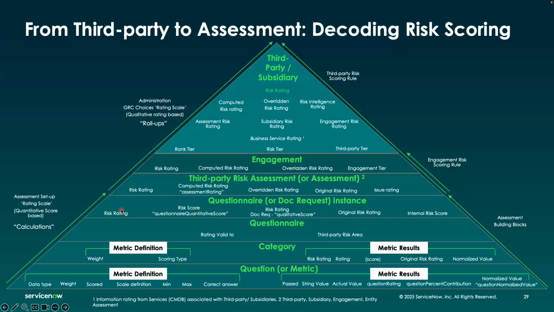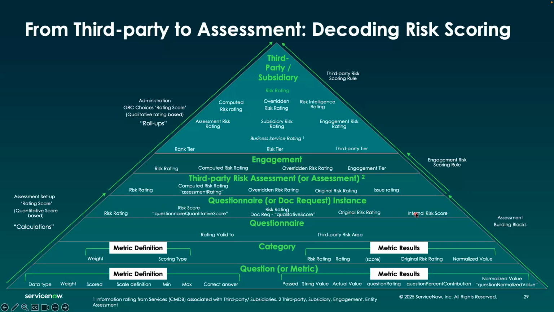Risk rating. Risk rating is a qualitative metric that is a conversion of the quantitative attribute risk score, just described a moment ago. The risk rating is a lookup on the risk rating scale using the numeric risk score of the questionnaire instance. The risk rating scale is defined in the assessment setup.